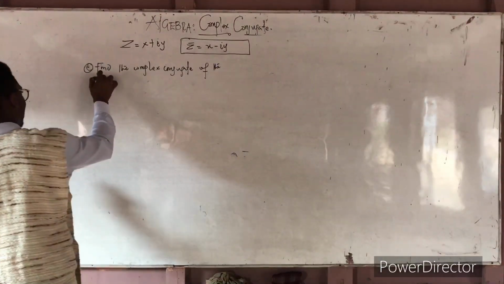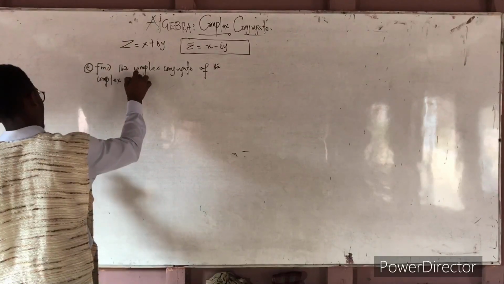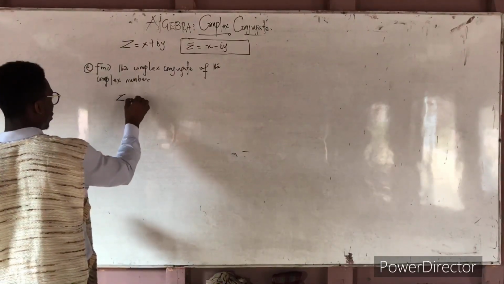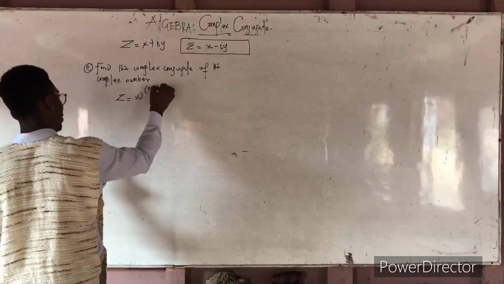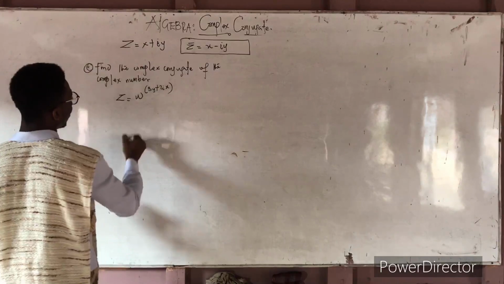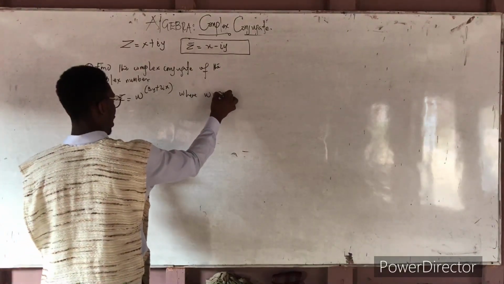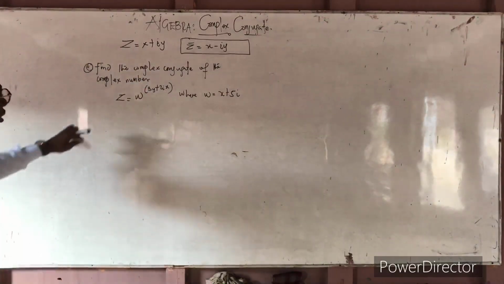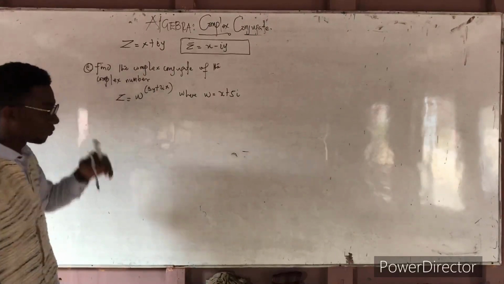of the complex number. Z is equal to w in brackets raised to the power 3y plus 2ix, where w is equal to x plus 5i. This is the question: you have to find the complex conjugate of this particular complex number z.